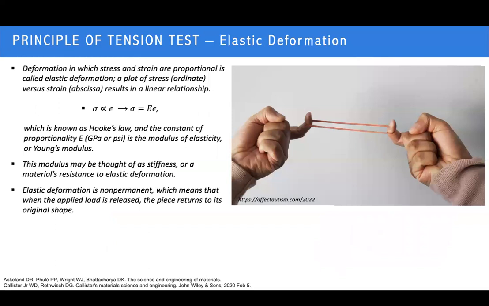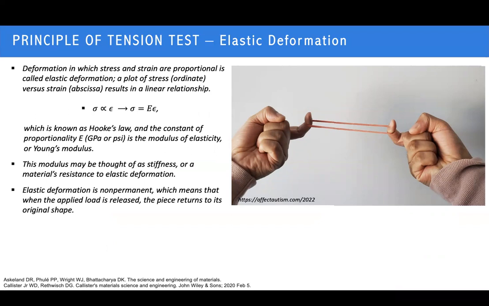So let's take a look at more details. The first one is the elastic deformation. You know rubber bands, right? Rubber bands have a very high elastic property. Once you stretch them out with an applied force, they stretch very well, very long, as long as you pull.